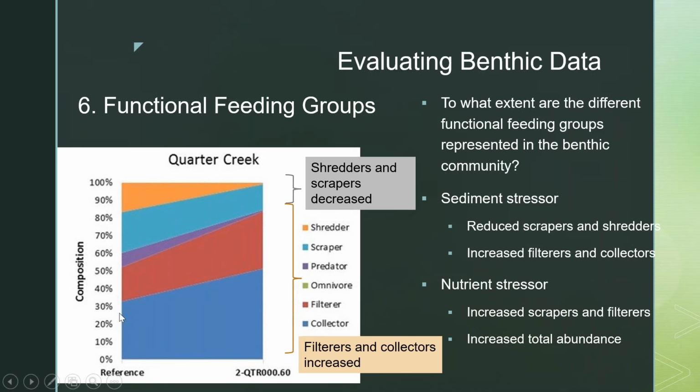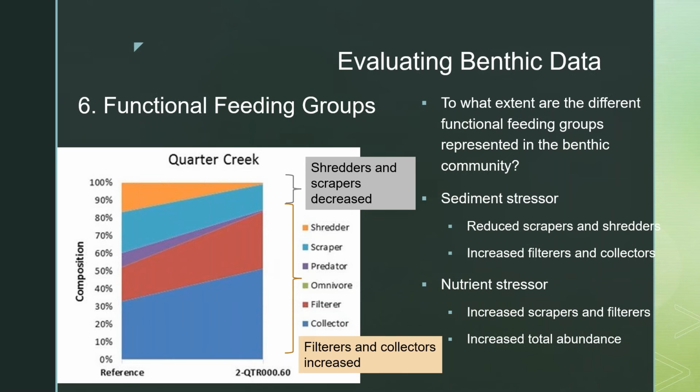And as we move from the reference condition to the impaired condition, those collectors grow in percentage of the community. Okay. We also see in this same case that filterers, represented by the red here, as we move from a reference condition to the impaired condition, grow in their representation in the community as well.